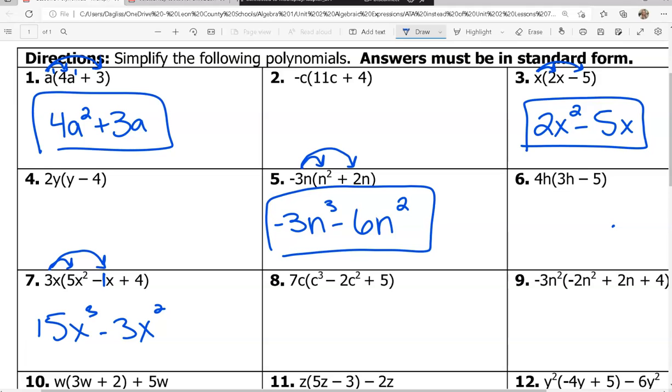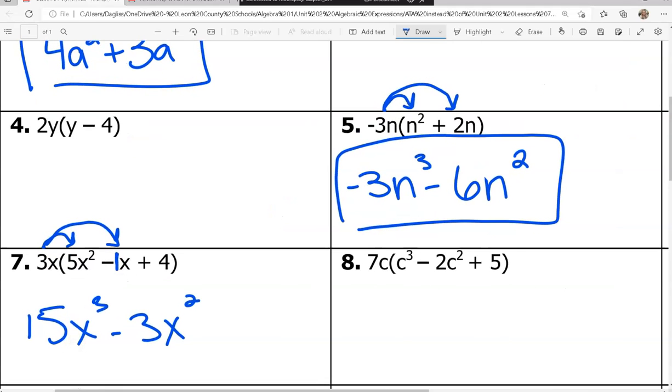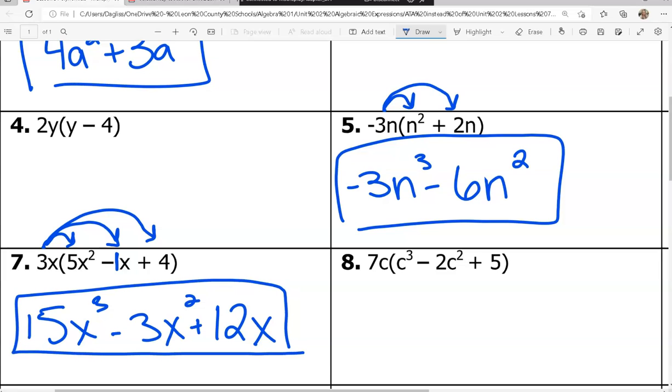So that's 3 times negative 1. And then the last piece, 15. What kind of a 15 is it? A positive. Does x have an exponent? No. Are we in standard form? Yes. Look at that. On a roll.